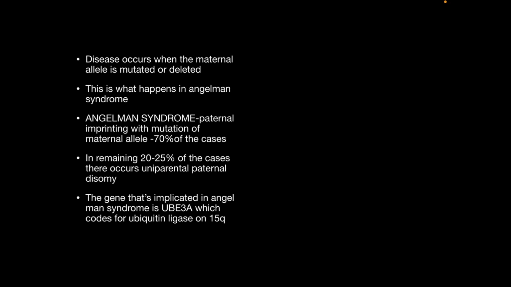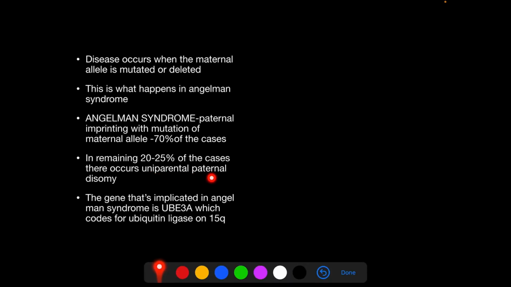What this essentially means is that the imprinted allele containing paternal chromosome is actually getting duplicated, which is what I meant by paternal disomy. So the maternal allele, which is actually carrying the functional allele, is not there, and there are two copies of paternal allele which is not getting expressed because it is silenced.